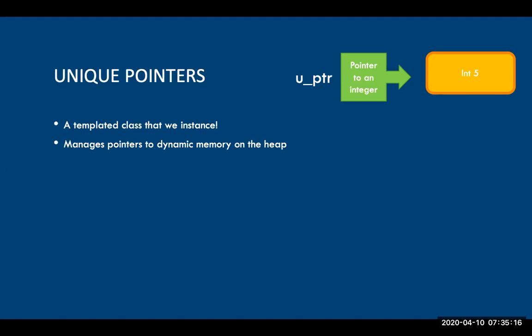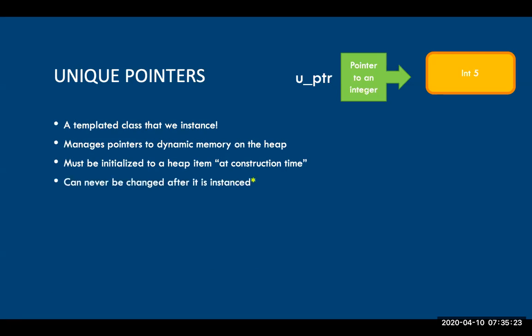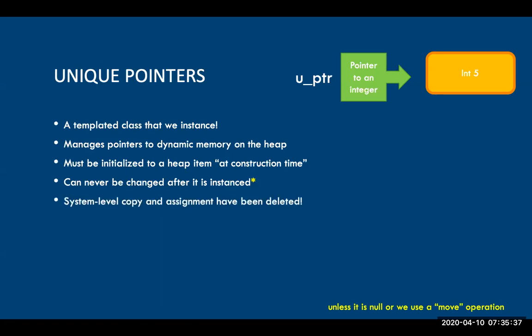It could also be an instance of a class called foo, for example. And we'll initialize that at construction time. And with unique pointers, generally we can never change that unique pointer after it's been instanced, except through some very special operations, which are move and also swap. We'll talk about those later in the lecture.